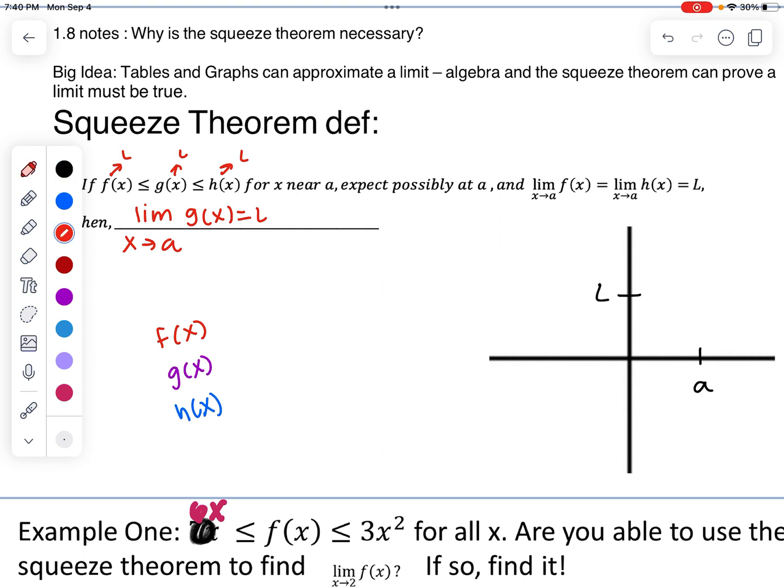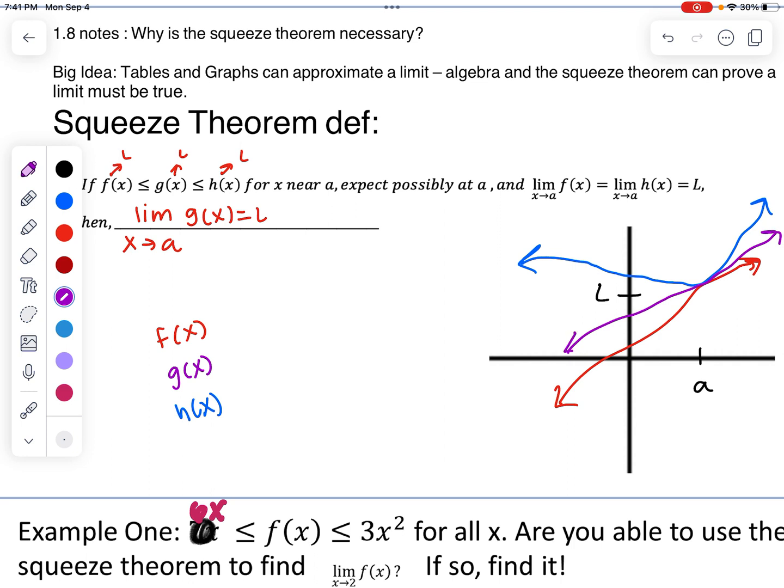So f of x is going to look like this. Let's say it looks like that. We'll do h of x next because h of x is the largest one. Say that h of x looks like this. And then we already knew that g of x was squeezed between them.